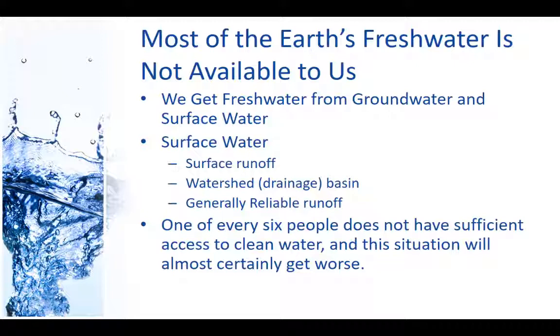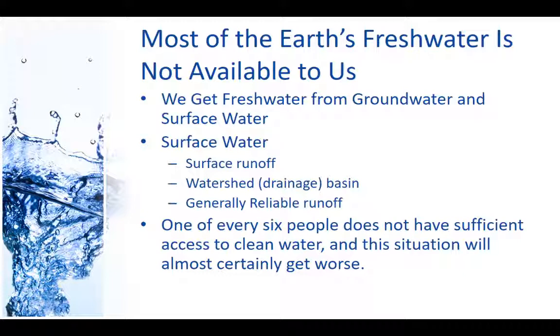It's our surface runoff. And we focus on that generally reliable runoff because we are having fewer and fewer of these wet years due to climate change. But the numbers suggest that one of every six people does not have sufficient access to clean water. And this situation will almost certainly get worse as time goes on.